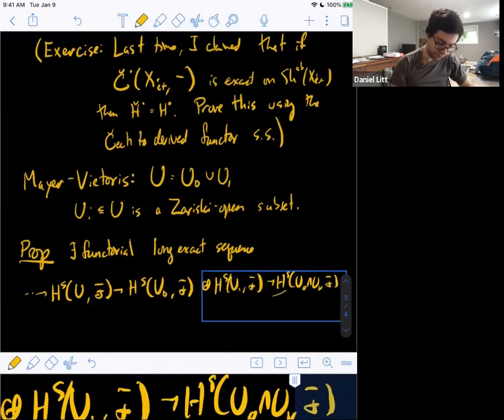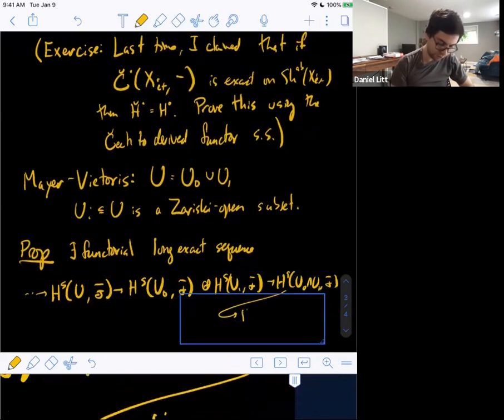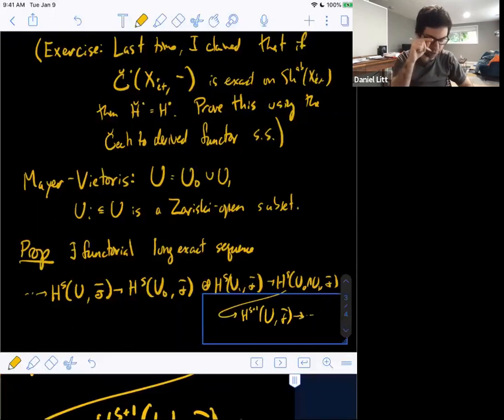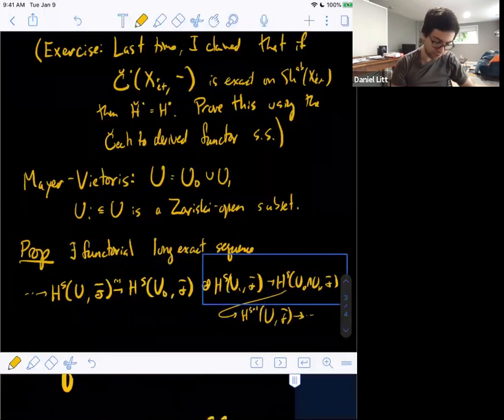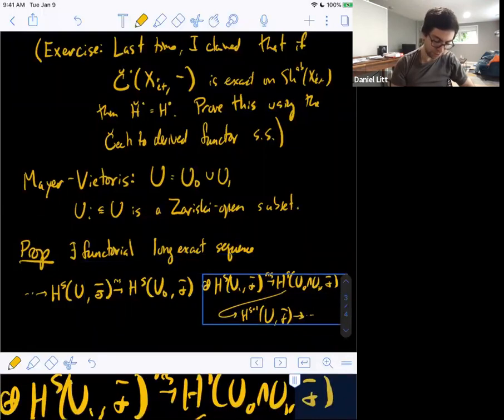Then the next term is H^{s+1} of U, F, and then you keep going. So this is exactly like the situation in topology. What are these maps? These are the restriction maps. And this is going to be a differential in the Čech-to-derived functor spectral sequence. Are there any questions about the statement?